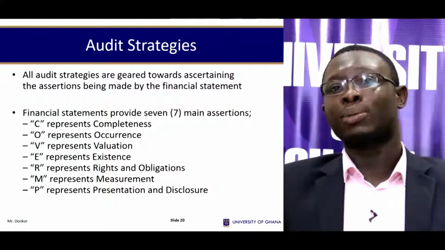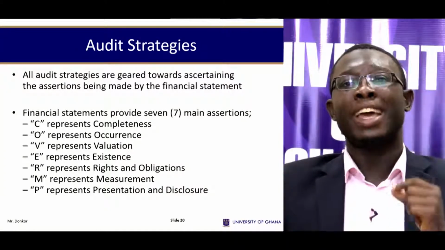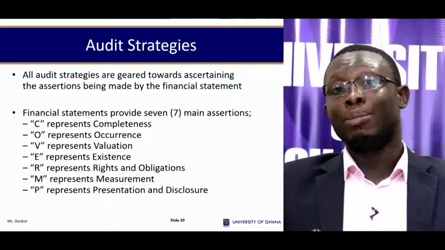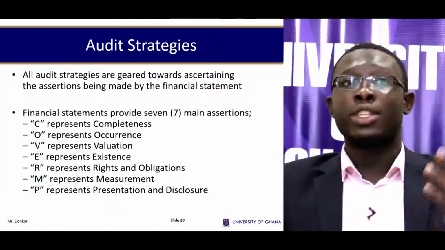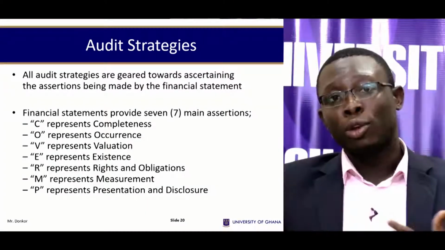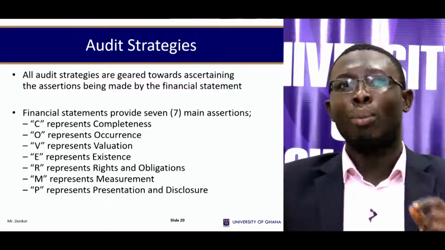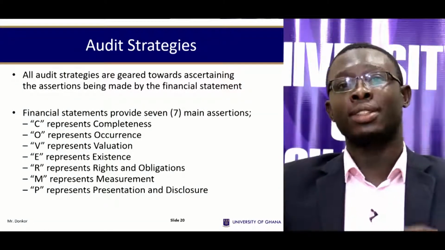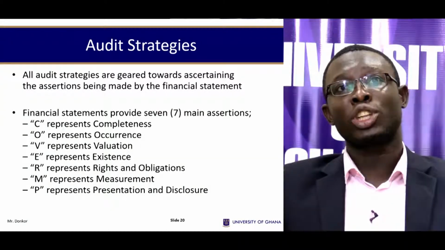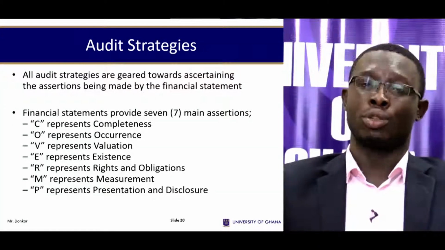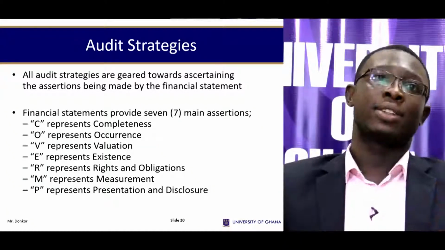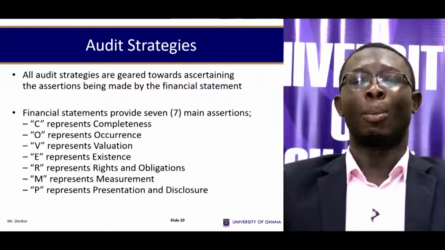So in the financial statement prepared by management, management is making certain assertions. And mainly we have seven assertions, and we simply call it COVER MP to help us remember. That is completeness, occurrence, valuation, existence, rights and obligations, measurement, and presentation and disclosure. To remember this, just use COVER MP.